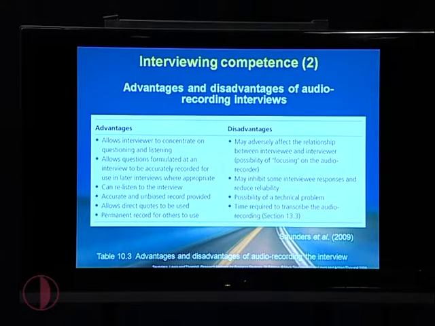And here is a comparison, disadvantages and advantages of audio recording interviews. The advantage is that you document your interview. It allows the interviewer to concentrate on the questioning and listening, not to be busy with writing. On the other hand, some people will feel unrelaxed while you are recording.